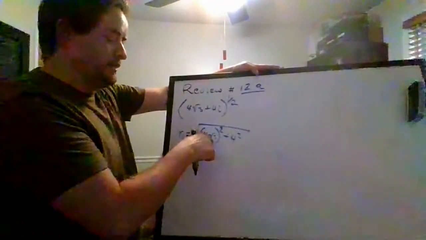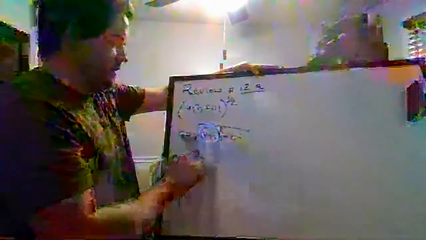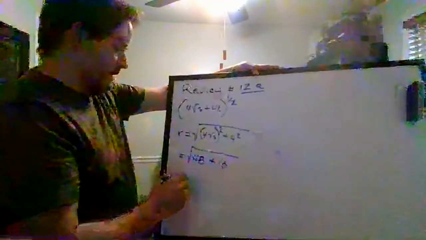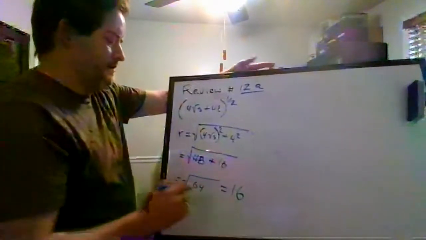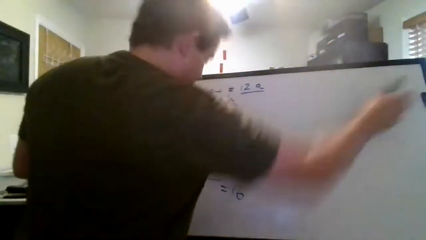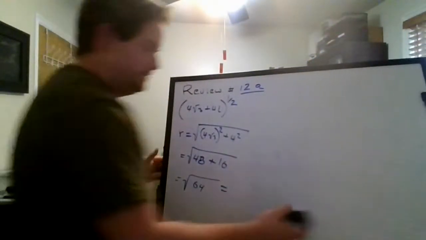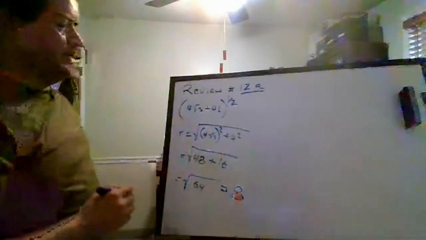The root 3 gets squared, so that's 3. So 16 times 3 is 48. 4 squared is 16. So that is the square root of 64. That is 8. Right?